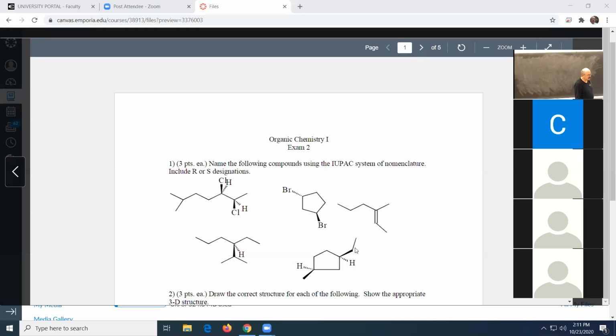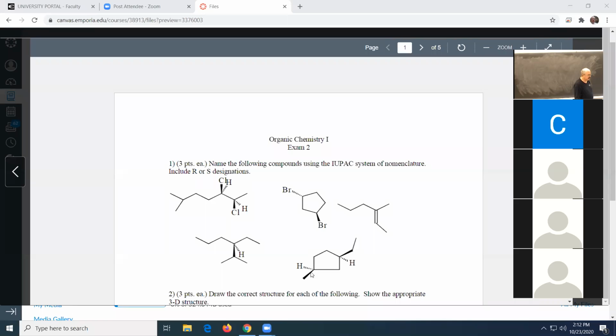Here we have CH2, CH2, CH2. Those are all the same. The ethyl would be lowest priority because the next one out is a carbon. So we compare these two, and then we compare these two, and then the one at the bottom has the higher priority. So that's 1, and then going this way it's 2, ethyl is 3. So that's R. And then down here, this is CH2, H, a methyl, and CH2.